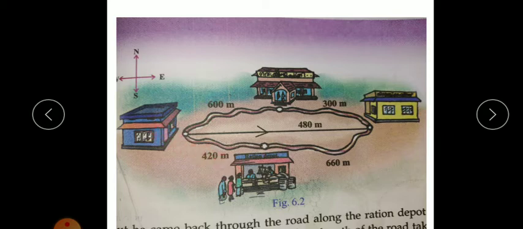So there are two paths, is it? In order to reach home to office, two paths are there. One is this path and another one is this path. Sorry, three paths are there. One is this one, another one is this one, and another one is a straight line path, is it?